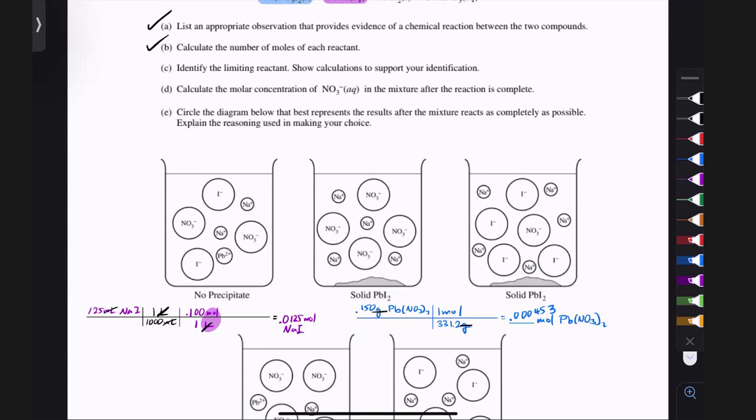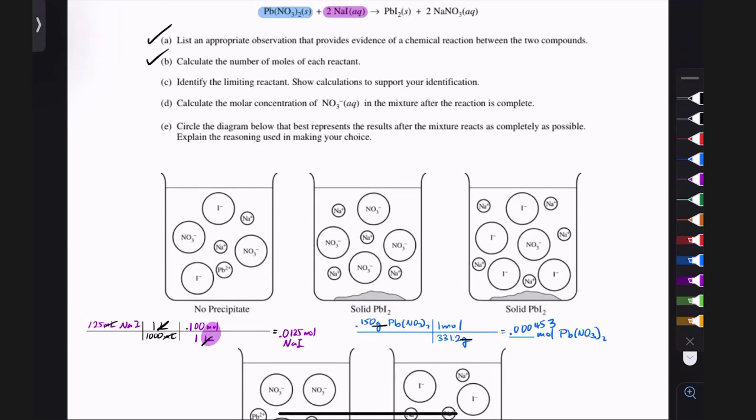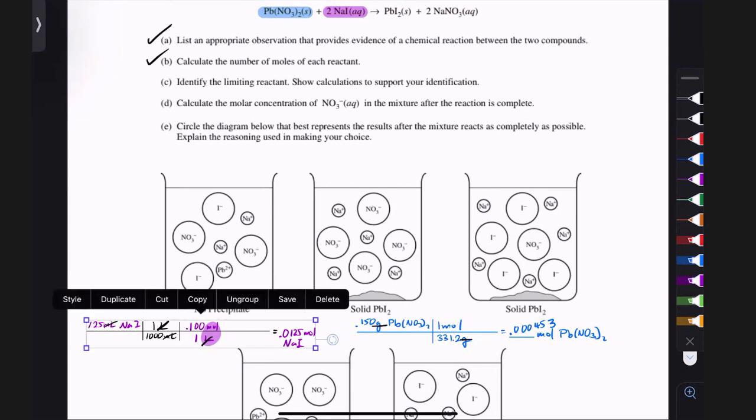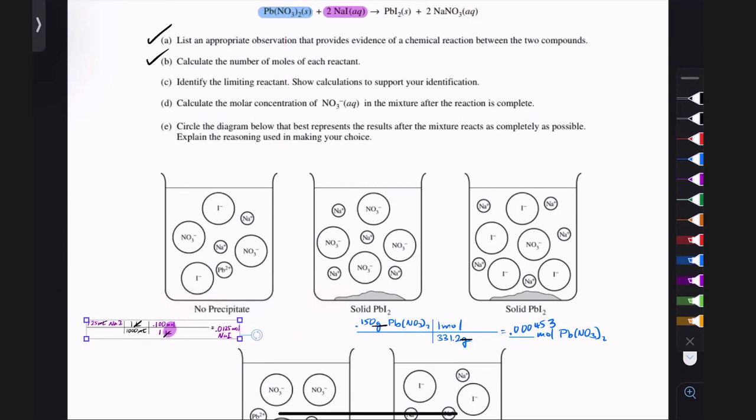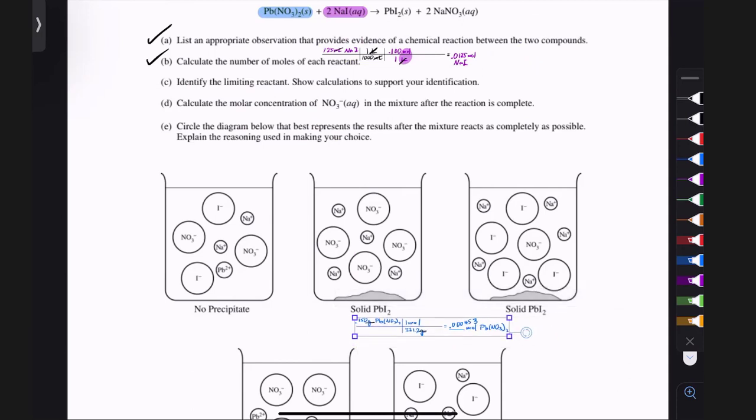So now it says here, C, identify the limiting reactant. One of these two is limiting. Maybe I'll make it smaller and put it up here. Hopefully you can all see. Which one of those two? Is it NaI or is it the moles of lead nitrate? Which one is the limiting?